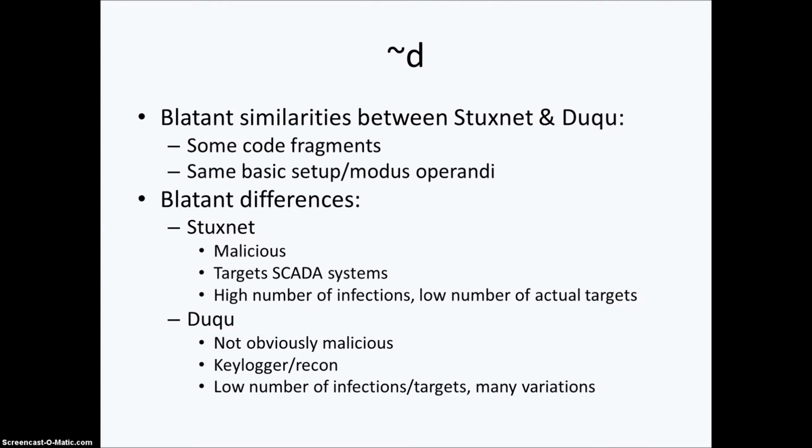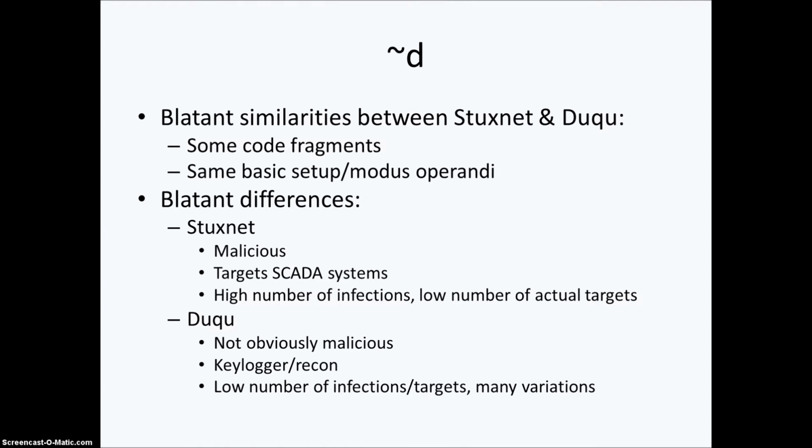Some of the most obvious differences, though, is that Stuxnet is very, very malicious, right? It's a self-propagating piece of malware, and it takes advantage of no less than 4 Windows 0 days. Fortunately, all of those have been patched since the Stuxnet ordeal. But it would spread throughout systems. It would basically lay dormant on systems unless it found itself on a very specific SCADA system.